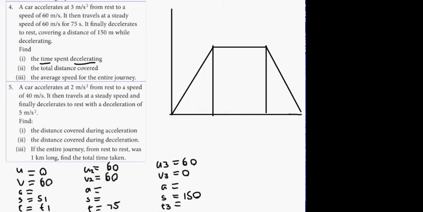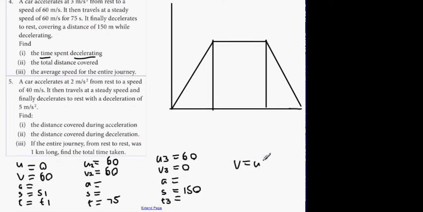Now, you guys could use V equals U plus AT, couldn't you? Quite handily, yeah? And you could use 60 equals, oh sorry, not 60, that's 0. 0 equals 60. Now, we can't use V equals U plus AT actually because we don't know A and we don't know T. That's a problem, okay?